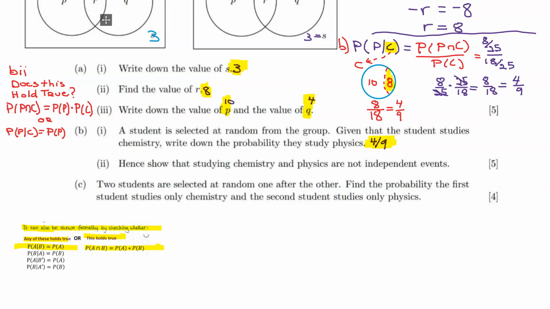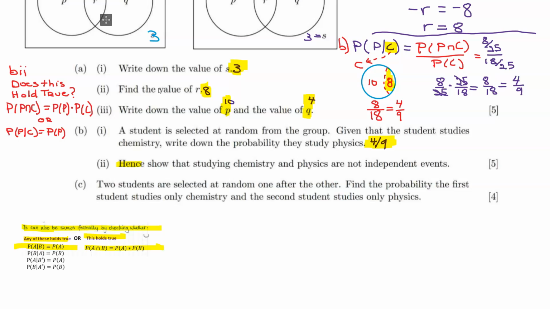Okay, the next part of the question says, hence, show that studying chemistry and physics are not independent. Well, when you see the word hence, that tells you to use the previous results to answer this question.